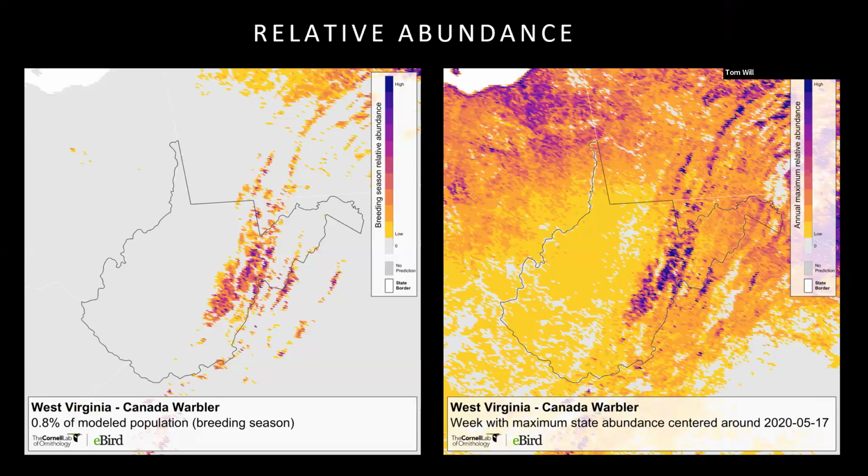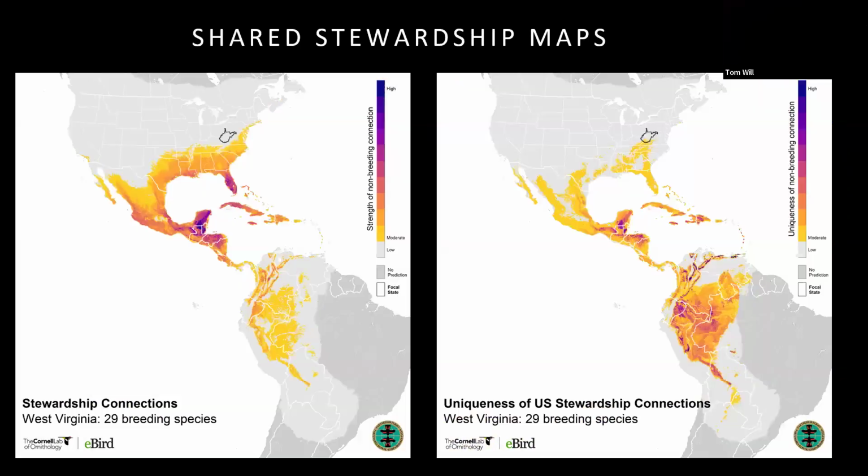Here is the map of maximum relative abundance for West Virginia, and it tells you the week. Around mid-May is when you really get the maximum use of Canada Warblers for West Virginia. All this information we have in tabular form, but also in GIS-ready TIFF files.